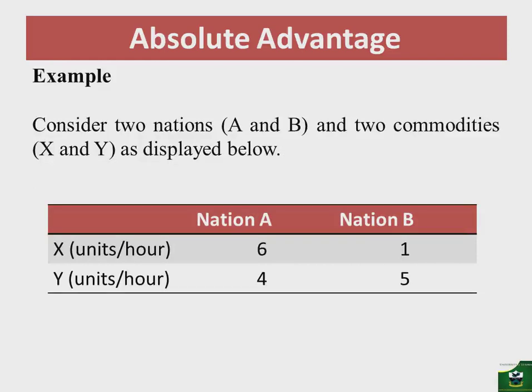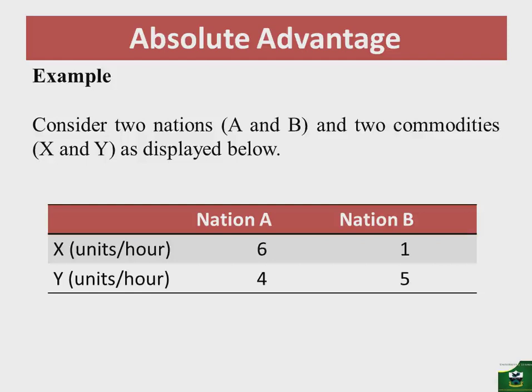So here we see that nation A is producing 6 units per hour of commodity X and 4 units per hour of commodity Y. Nation 2, which is nation B, is producing 1 unit of X per hour and 5 units of Y per hour.